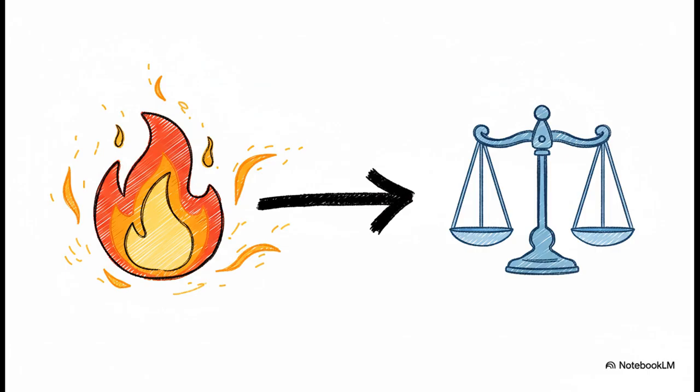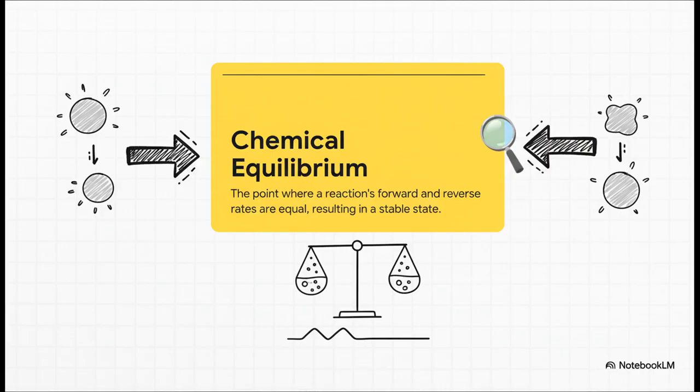But equilibrium, that's the stable, balanced state the chemicals reach after all the fireworks are over. So what exactly is chemical equilibrium? You know, the easiest way to think about it is like a tug of war, where neither side is winning. It's perfectly balanced. That's equilibrium. It's the stable point where the reaction has finally settled down. And CEA's whole job is to calculate exactly what that final balanced state is going to look like.